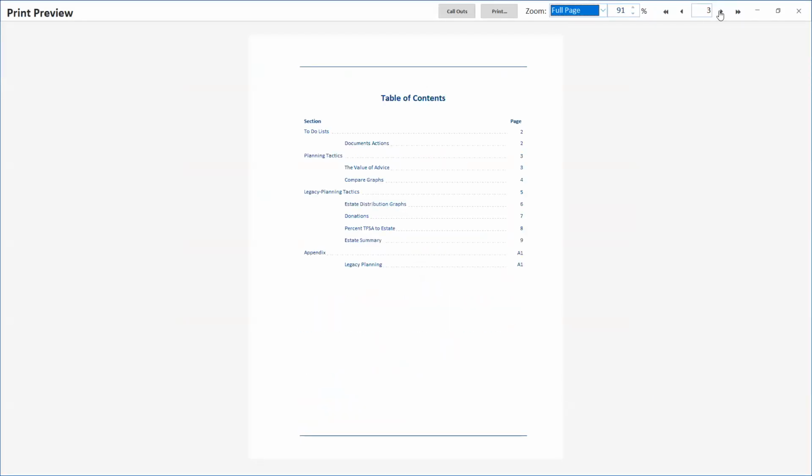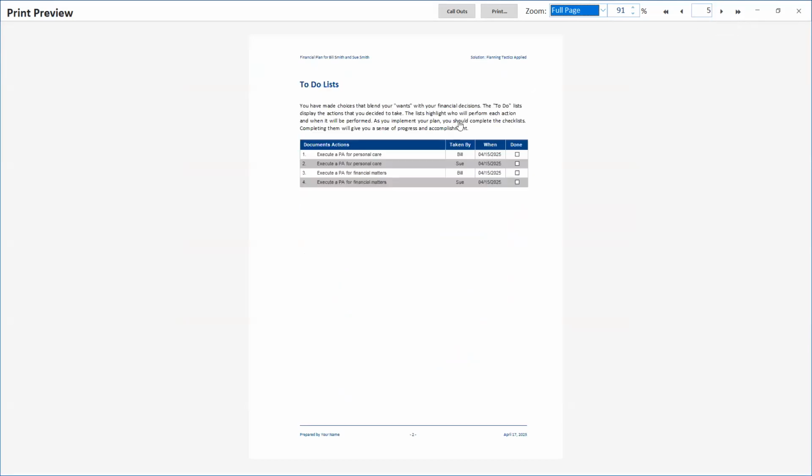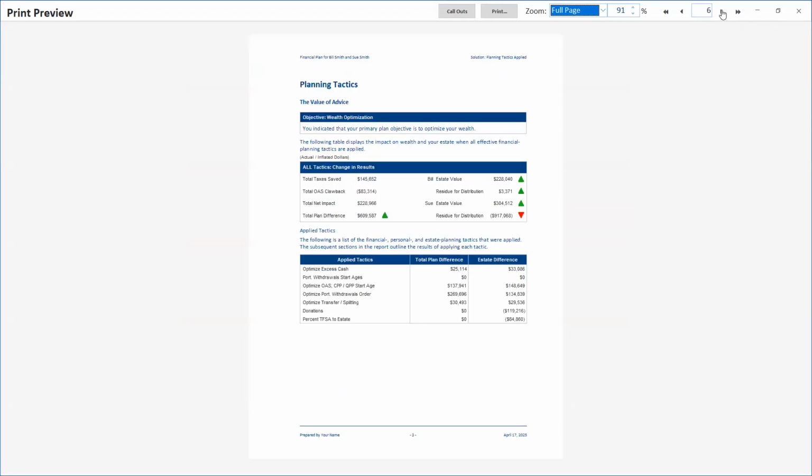And again, what we have is the introduction, the to-do list that's related to legacy planning, anything that they need to do on that end. And then the value of advice. Again, it's the total plan difference plus the estate difference that we're showing.